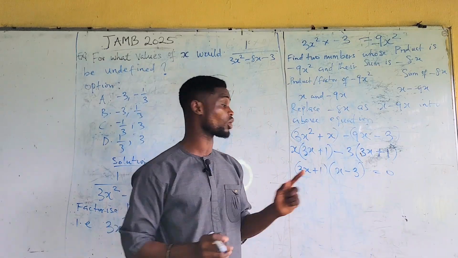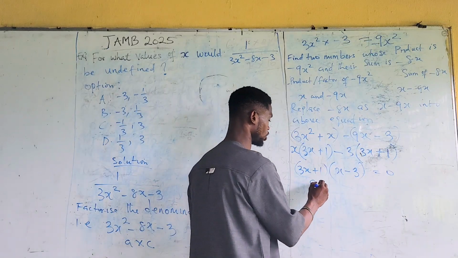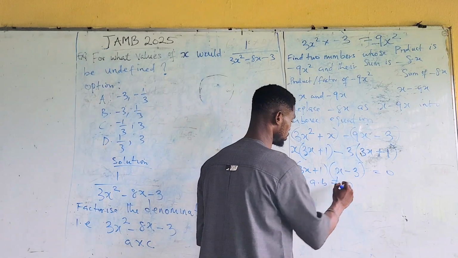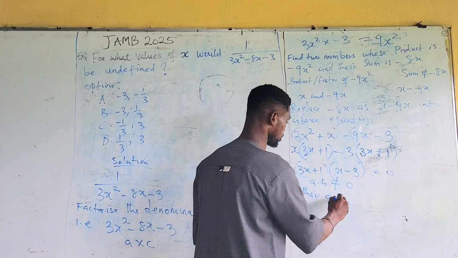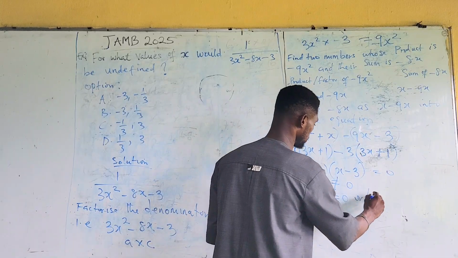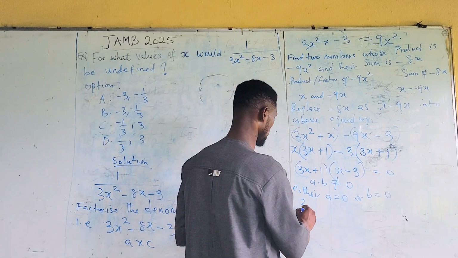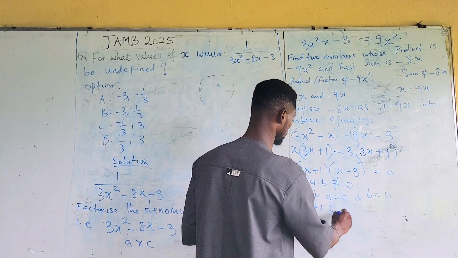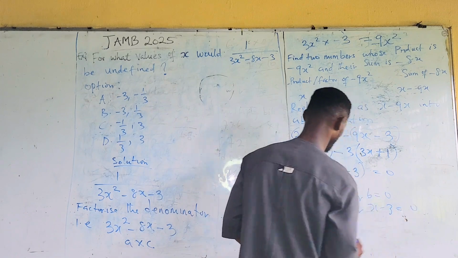But remember, the law states that if a times b equals 0, then either a is equal to 0 or b is equal to 0. So that means 3x plus 1 is equal to 0, or x minus 3 is equal to 0.